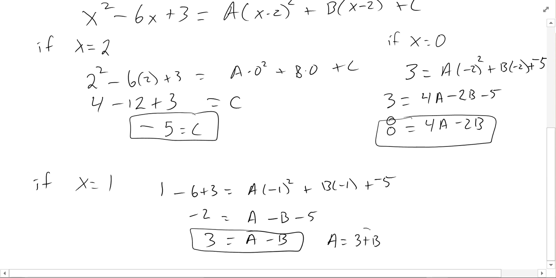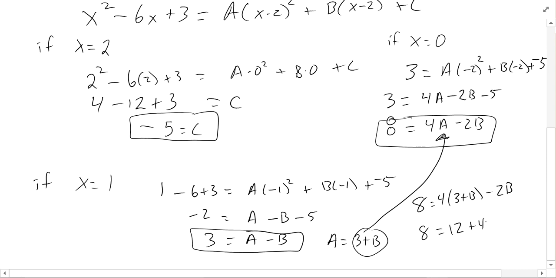So let's substitute in for A up there. 8 is equal to 4 times the quantity 3 plus B minus 2B. So 8 is equal to 12 plus 4B minus 2B, so 8 is equal to 12 plus 2B.